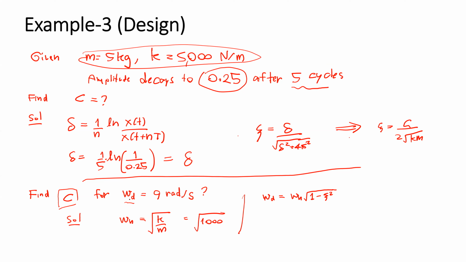If we want omega d and we know omega n, we will know the desired value of the damping ratio. Again, we need to find C, the damping coefficient. This is the step if we want to design the damper for the system.